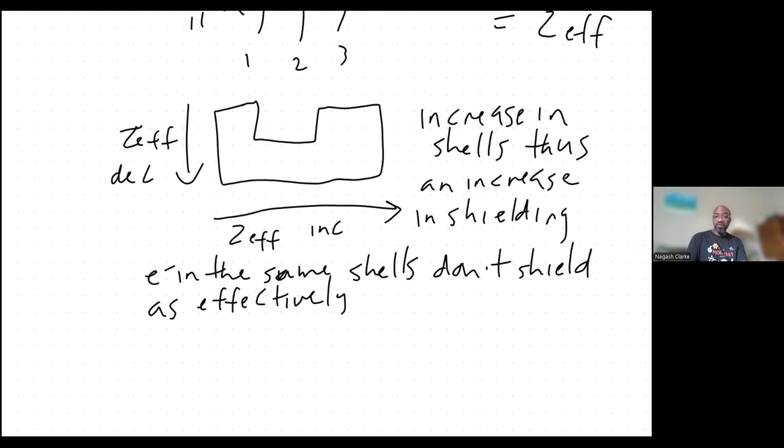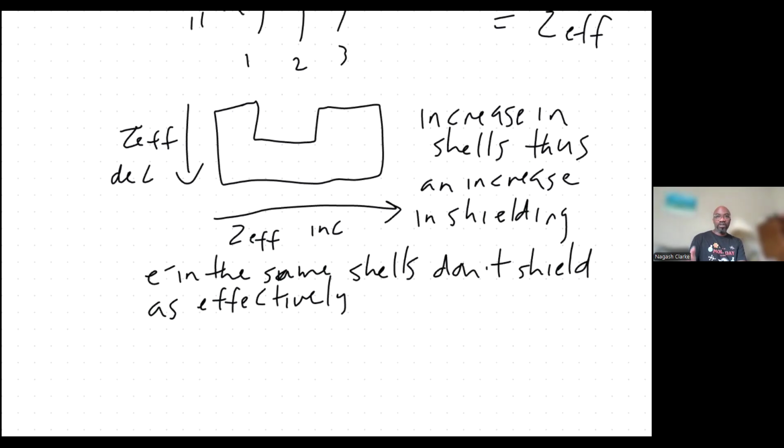So that explains why as I go down, I'm increasing the number of shells, so I'm making my atoms wider, and I'm also decreasing the effective nuclear charge because I'm having all this shielding, so the atoms expand in a sense. As I go across, my effective nuclear charge is increasing. My number of shells is not increasing, so my shielding is not as effective as if I'm going down.